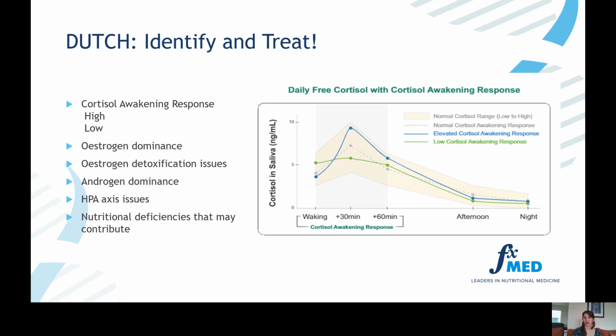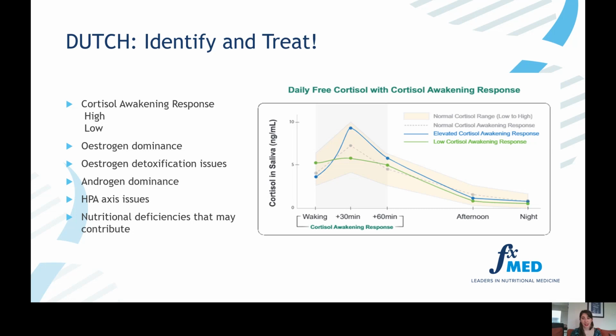So we've got this picture over here to show you what a low or a high cortisol awakening response would look like. So the yellow, as you see, is a range of what we might consider to be ideal. And the blue is an elevated cortisol awakening response. So you can see this person, as they wake, they have a middle of the range response. And then 30 minutes after they're awake, they've got quite a significant spike in their cortisol.